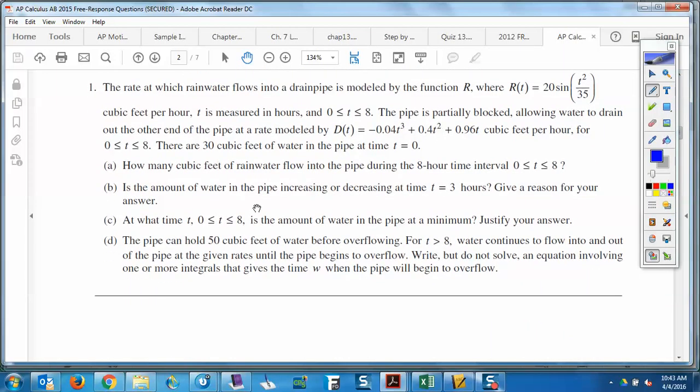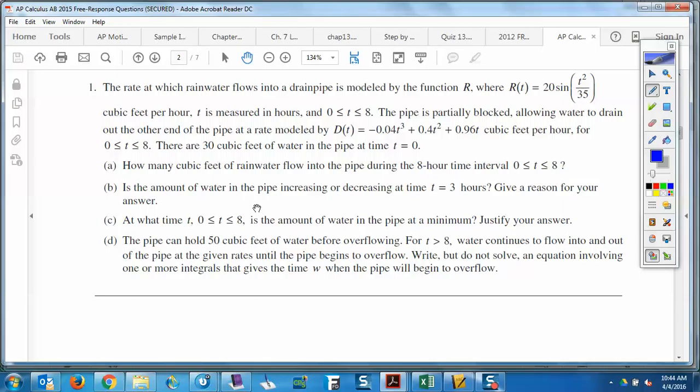Okay, so we got one of these situations, kind of like the sand problem. We got water going in, like running off your roof into a drain pipe, but then the pipe is blocked, allowing the water to drain out the other end of the pipe at this rate. So in other words, it's not going out at the same rate it's going in, right?